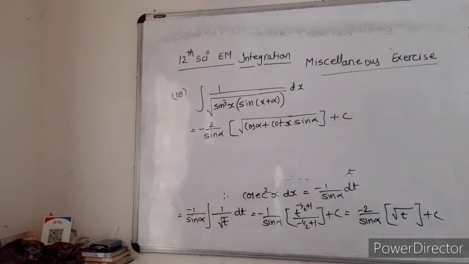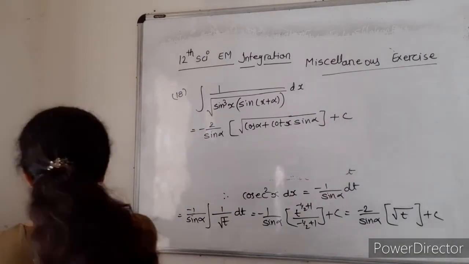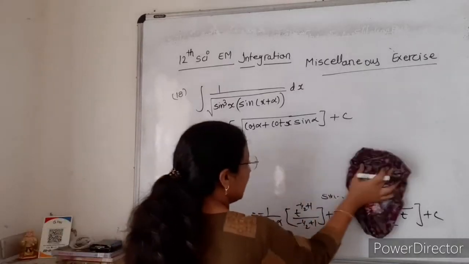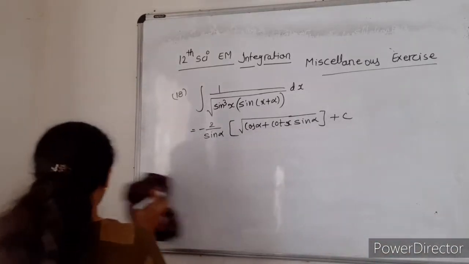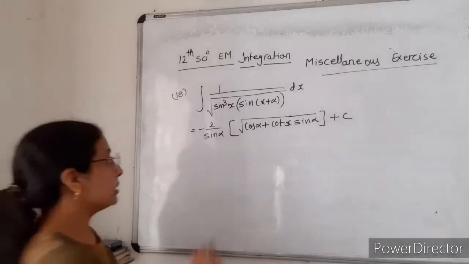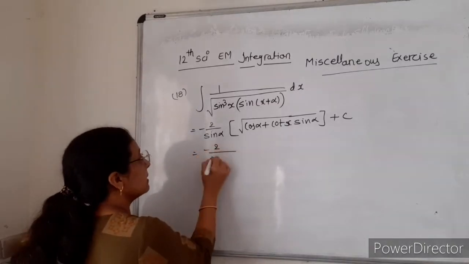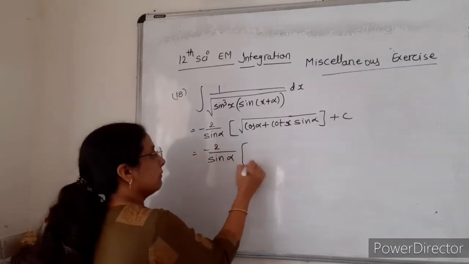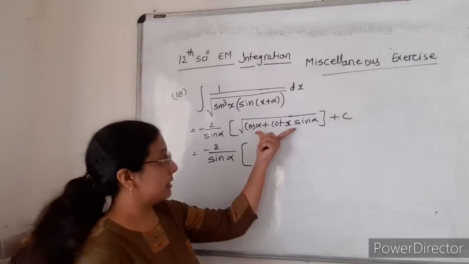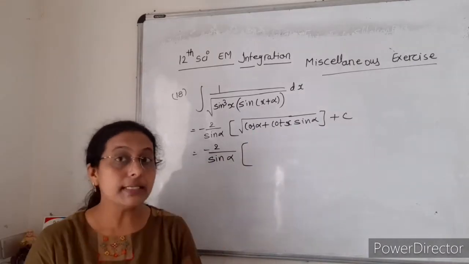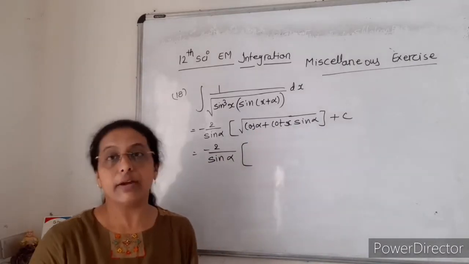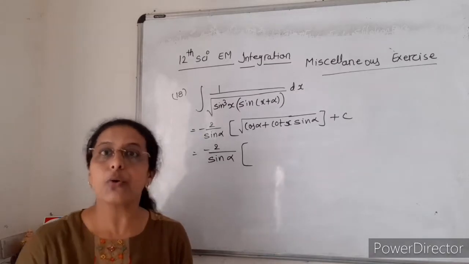Yes. Now this is our answer, but if we want to simplify it somewhat, what to do is minus 2 upon sin alpha. Here in this, I want to multiply by the sin x and divide by the sin x inside the square root only.